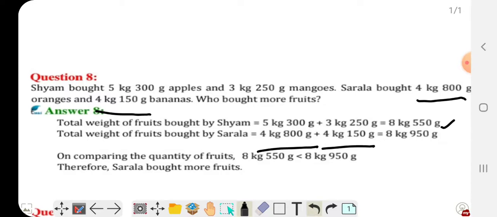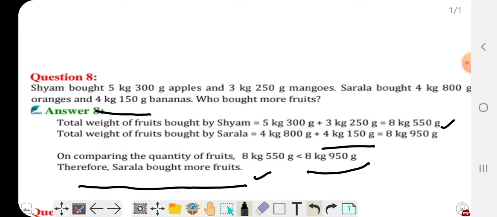The total weight of fruit is 8 kilogram 950 gram, because 4 plus 4 is 8 and 800 plus 150 is 950 gram. So which one is greater out of these two? Yes, it is obvious that 8 kilogram 950 gram is greater than 8 kilogram 550 gram. What they are asking for, so who bought more fruits? Sarla bought more fruits.